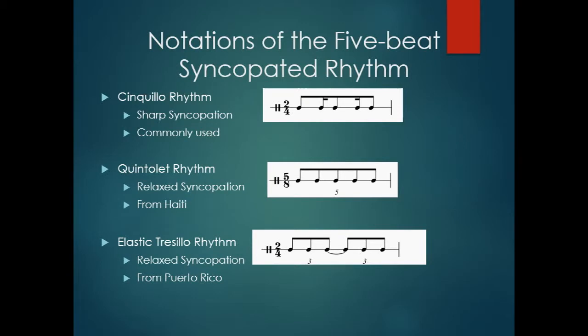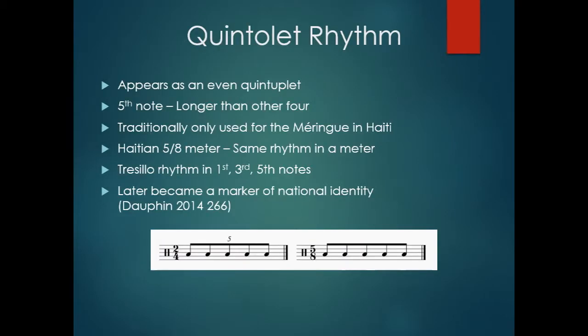The cantilé rhythm appears as an even quintuplet, but actually has the tresillo rhythm embedded within it. So the tresillo rhythm is in beats 1, 3, and 5. Traditionally, this rhythm is only used for compositions of the meringue in Haiti. Sometimes Haitian composers will use a 5/8 meter, a metric representation of the cantilé rhythm.